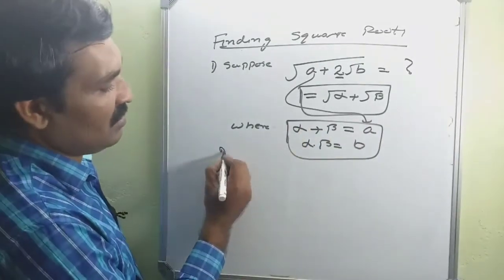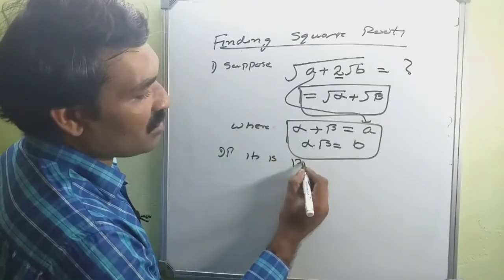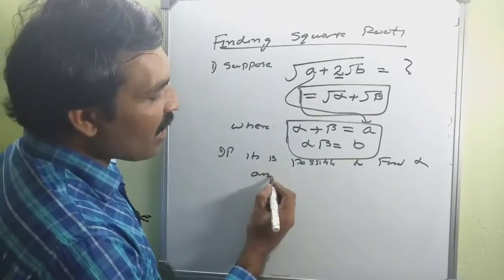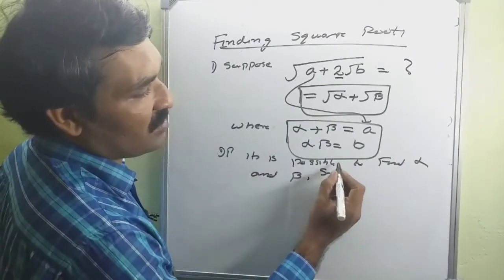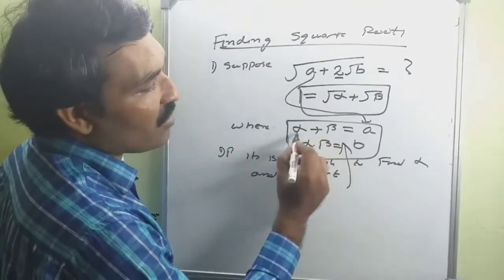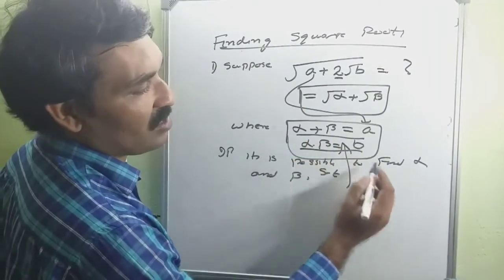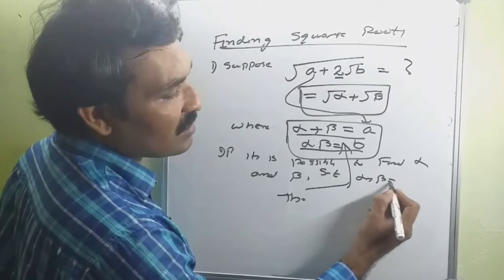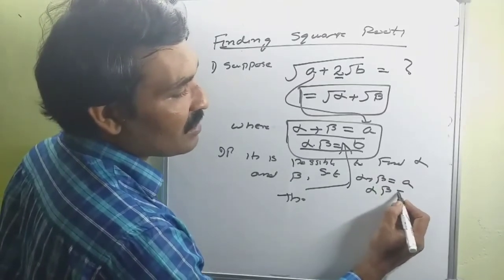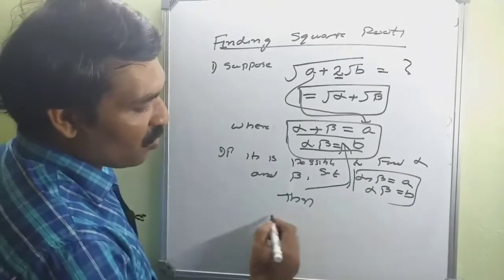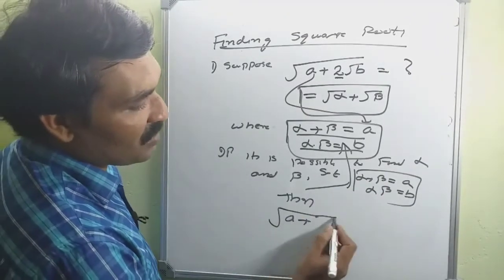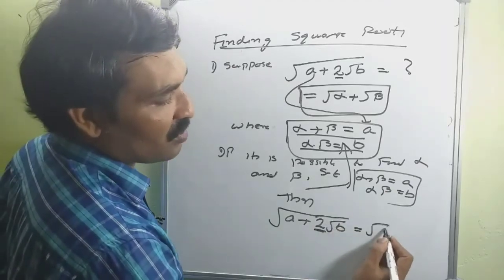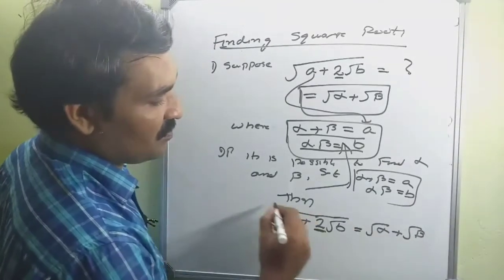If it is possible to find alpha and beta such that this condition is satisfied, that is alpha plus beta is equal to a and alpha into beta is equal to b, then root of a plus 2 root b, this 2 is important, is equal to root alpha plus root beta.